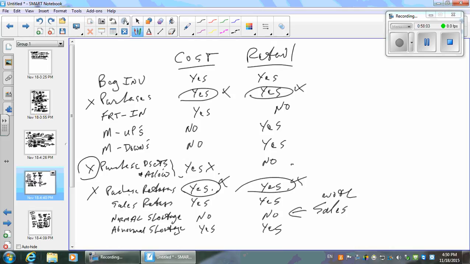Or you want to do lower of cost or market, something like that. Did we do 9-2? Let's try exercise 9-3. Do that.